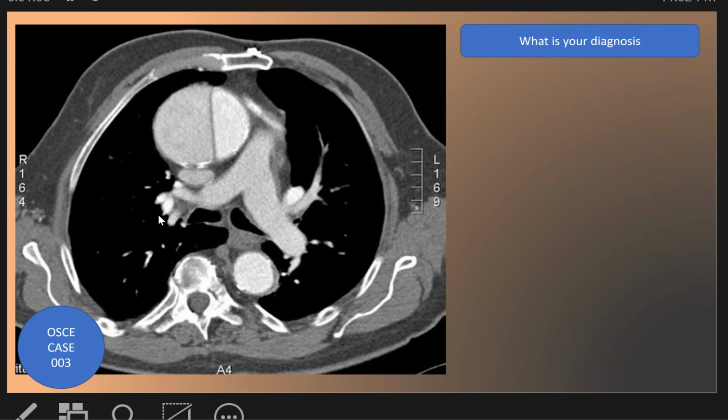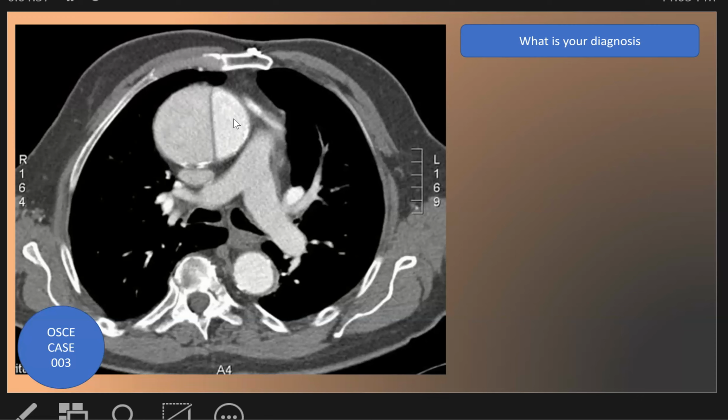As we see here in this CT angiogram of the aorta, this is the pulmonary artery, right and left, and this is the descending aorta, and this is the ascending aorta. The ascending aorta is dilated, and we have an intimal flap, as we see here, a loose hypodense area, and we have two lumens.